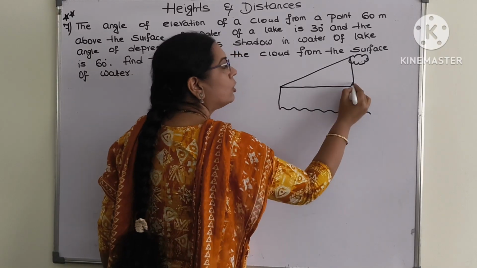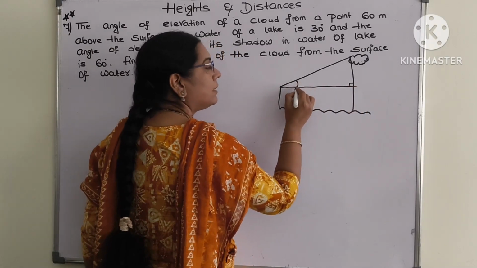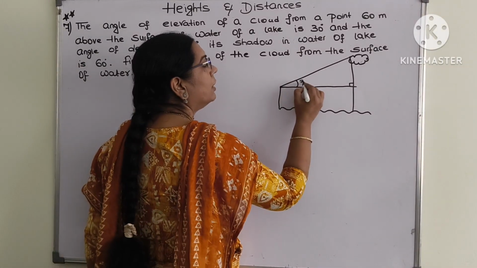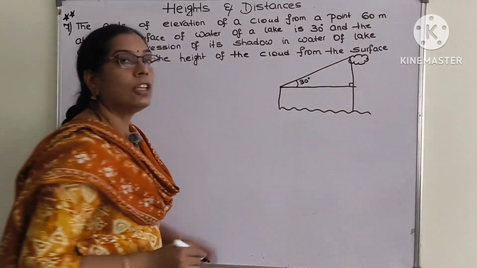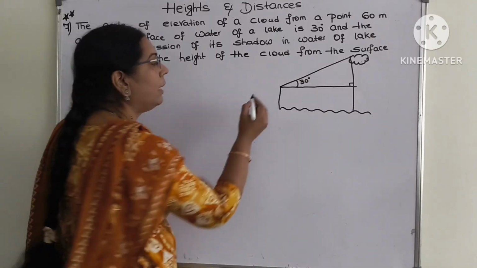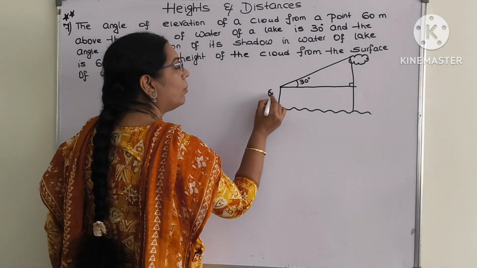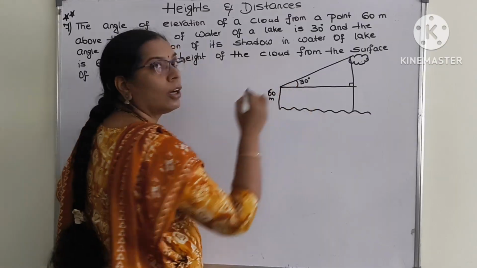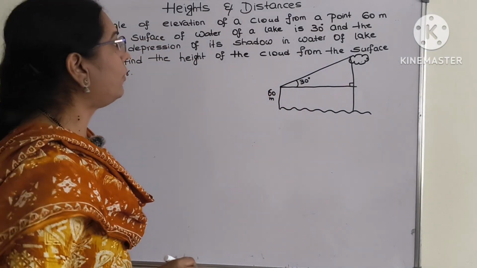Continue it down. Here is the right angle, and here is the acute angle, which is the angle of elevation. This is 30 degrees. So this is the surface of the lake, and this is 60 meters above the surface of the lake, where the observer is looking at the cloud and gets a 30-degree angle of elevation.